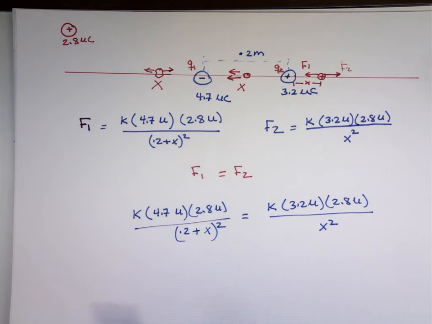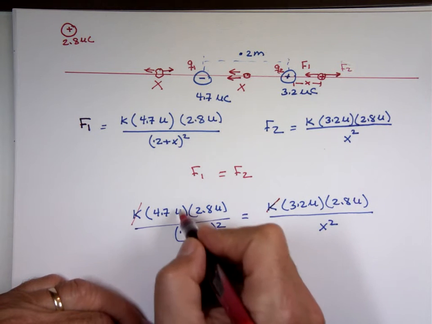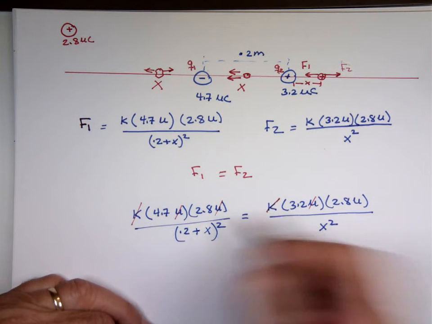And I left it as K intentionally because I know it's going to show up on both sides, so I don't have to deal with that number, just cancel it. And I left the mu here on both sides because they cancel each other out.